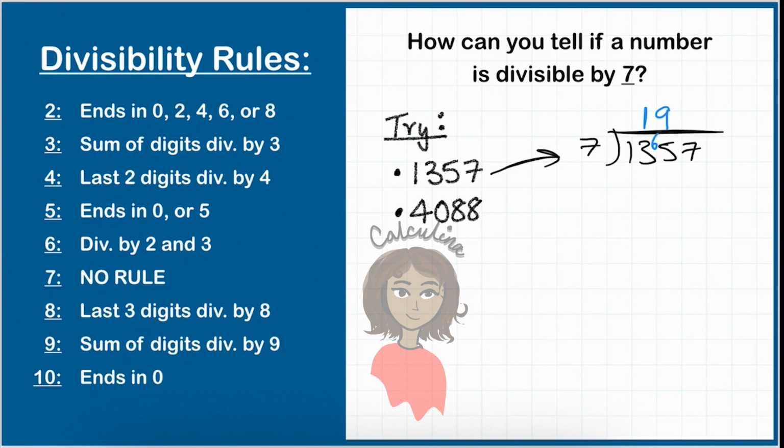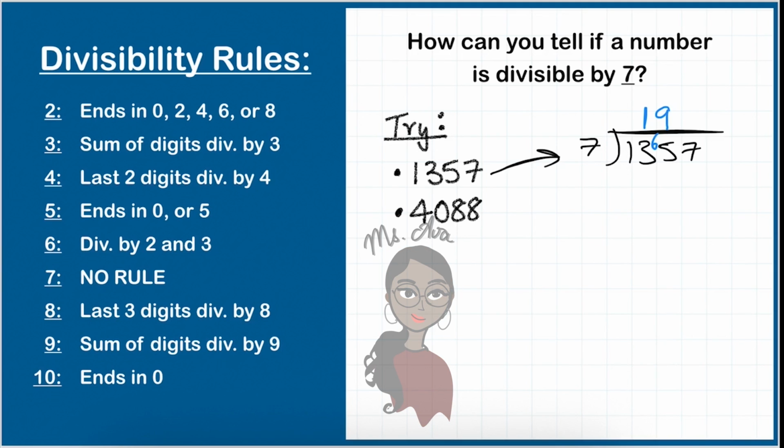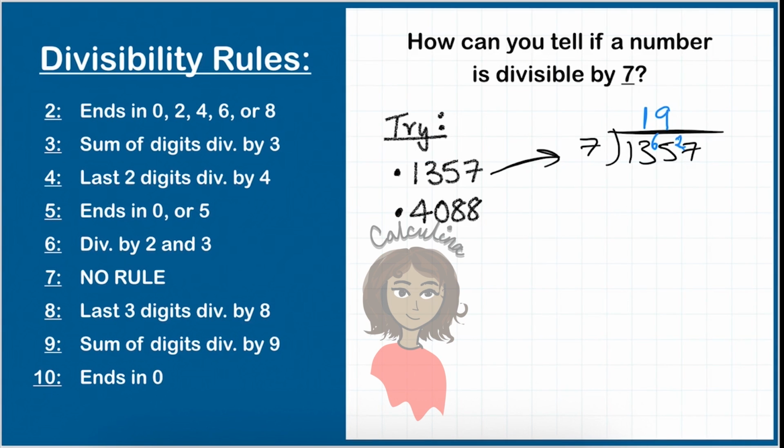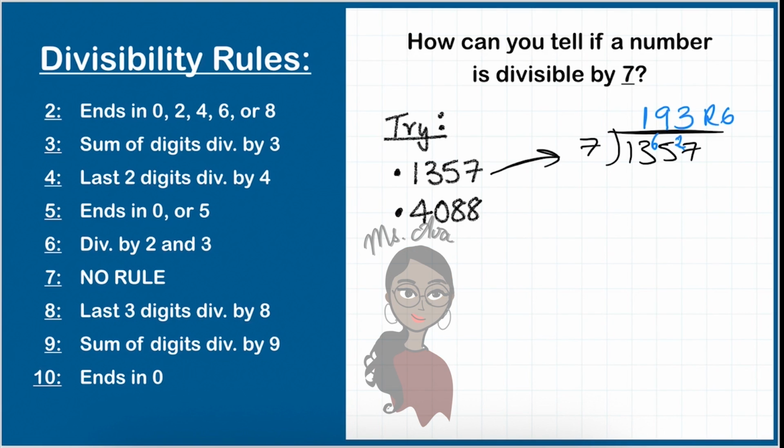That's going to be a 2. Good. So we put the 2 right there, and now we're looking at a 27. How many times can 7 go into 27? 3 times. And then you'll have a remainder of a 6. Yes, exactly. So since we have a remainder, this is not going to be divisible by 7.